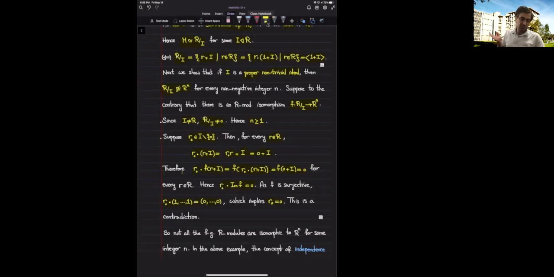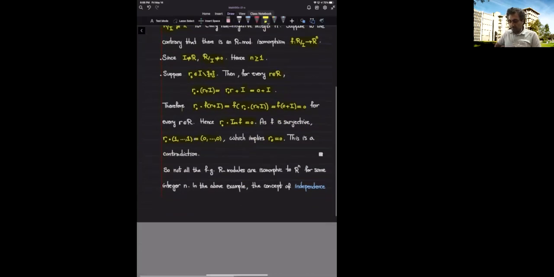In fact, the minimum number needed is going to be at most the minimum number needed for the entire space. That was the dimension. Can we have the same result for modules? Is it true that if I start with a finitely generated module, then every submodule of this module is again finitely generated?